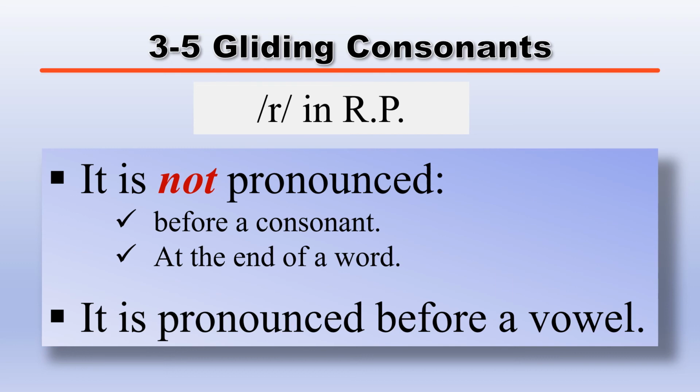But if we have another word following, beginning with a vowel, we make the linking ra. We will see. Before a consonant, it is not pronounced, but before a vowel, it is pronounced.